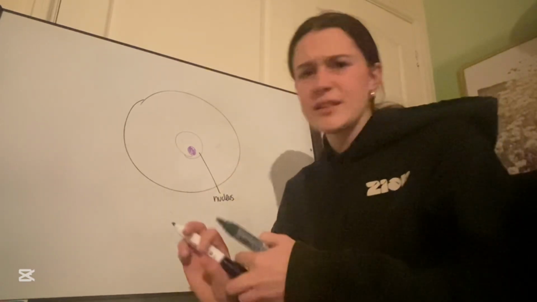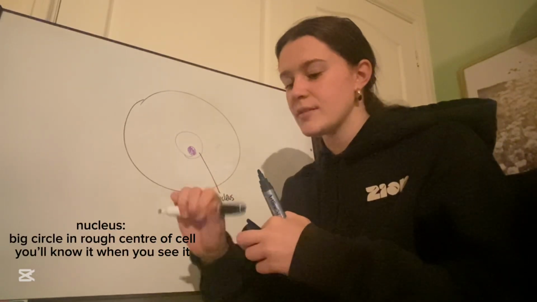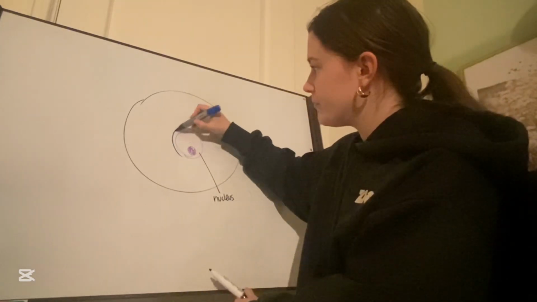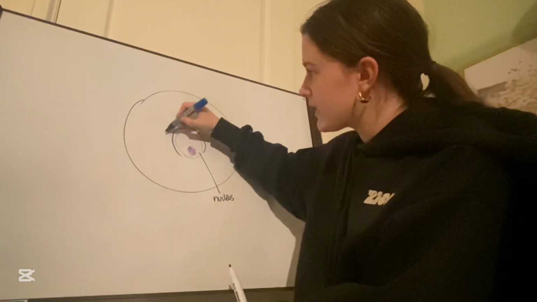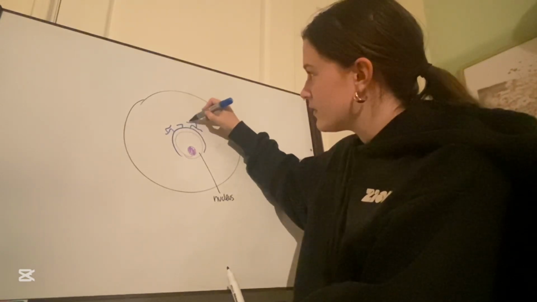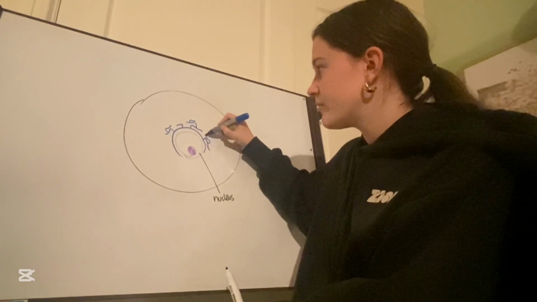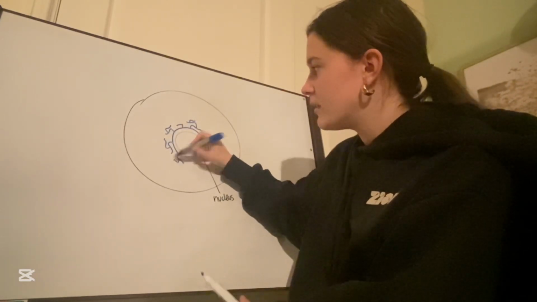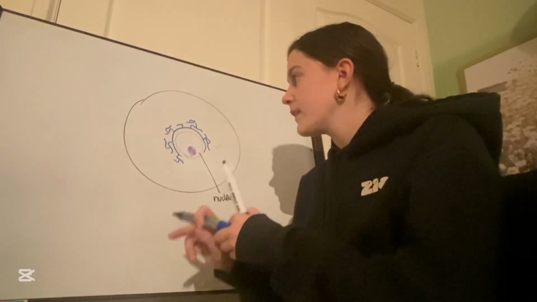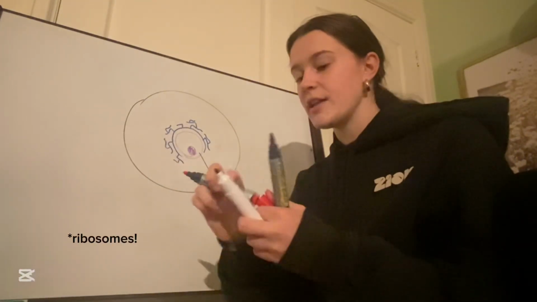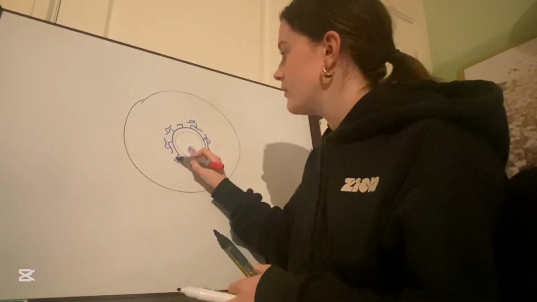Alright, nucleus. This is super easy to identify. It is like a big circle. And then we've got something that kind of looks like a little maze. It's normally near the nucleus. It's got little proteins on it, which should be a bit of an indicator.